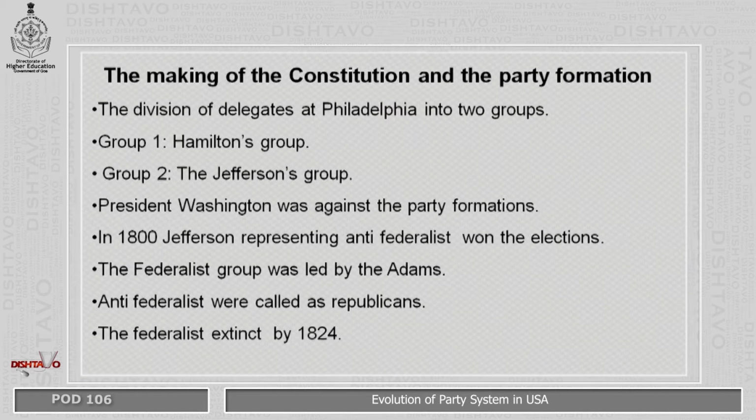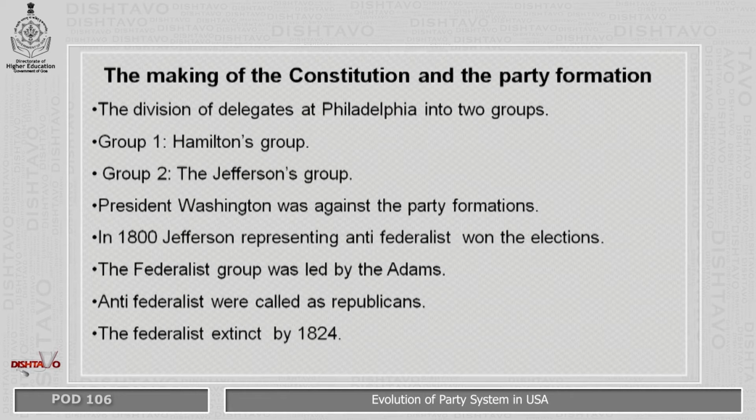So when we look at the evolution of the party system in USA, we are going to divide it into different eras. The first era is the time of the making of the constitution and the party formation. Here there was a division of delegates at Philadelphia into two groups. The first group was Hamilton's group and the second was Jefferson's group.